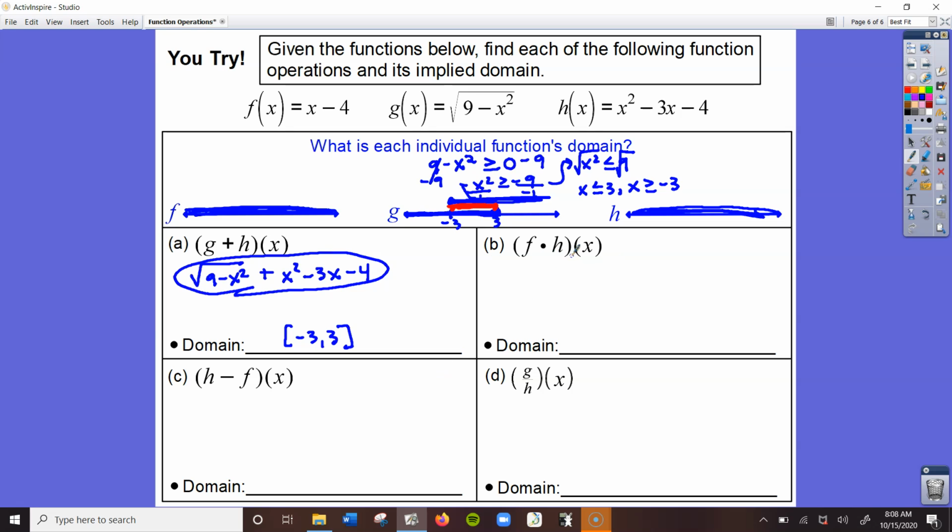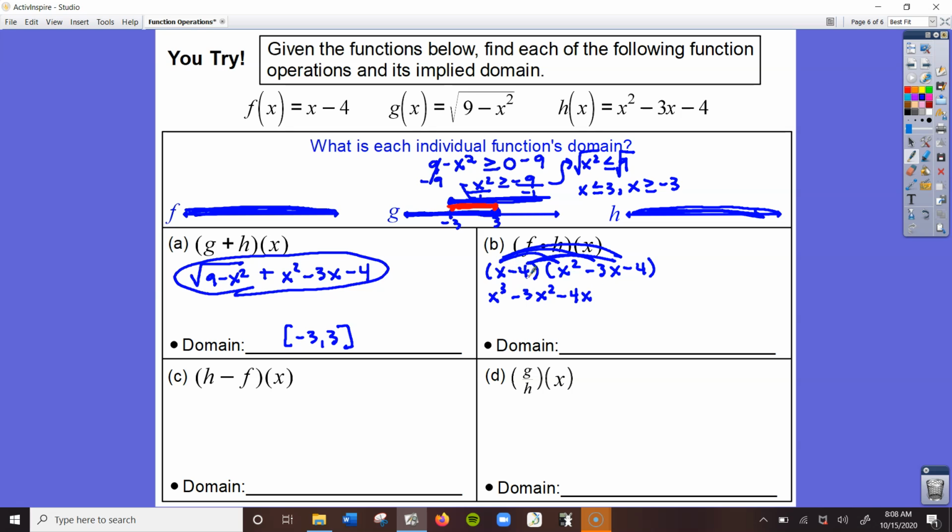Now we're going to do f times h. So that means we're going to take f, which is x minus 4, and I'm going to multiply all of h, which is x squared minus 3x minus 4. And here I would have to distribute the x, and then later distribute the negative 4. When I distribute the x, that would give me x to the third minus 3x squared minus 4x.